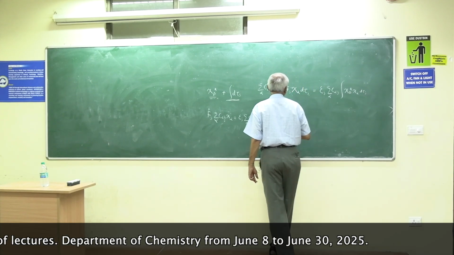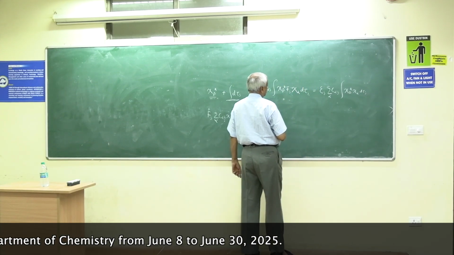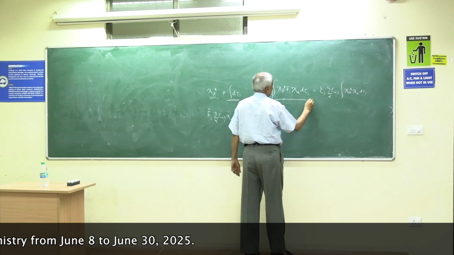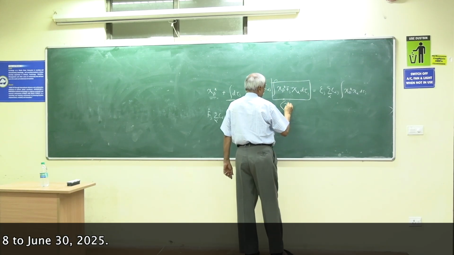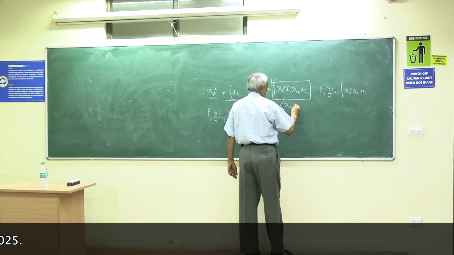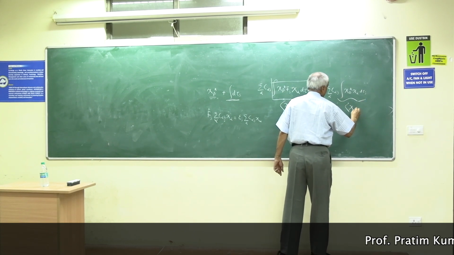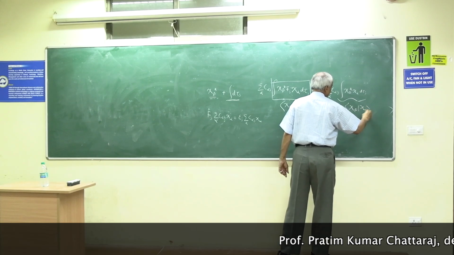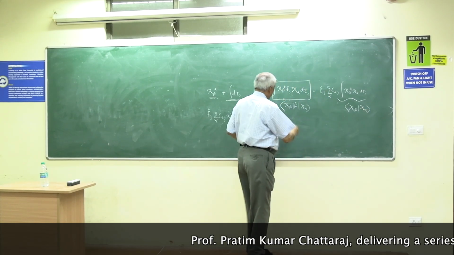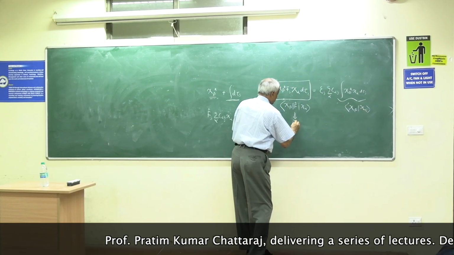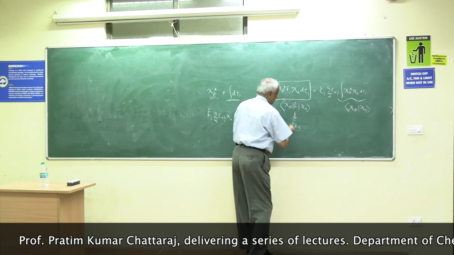But what is this one? This is your ⟨χ_β|f|χ_α⟩. This is your ⟨χ_β|χ_α⟩. This one, we know, is now a number F_βα.